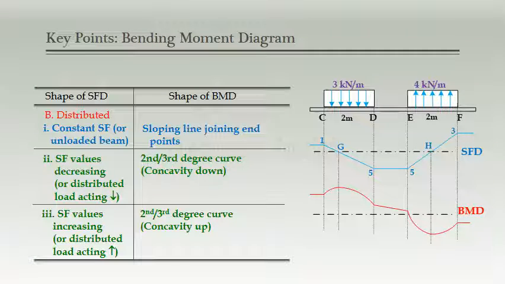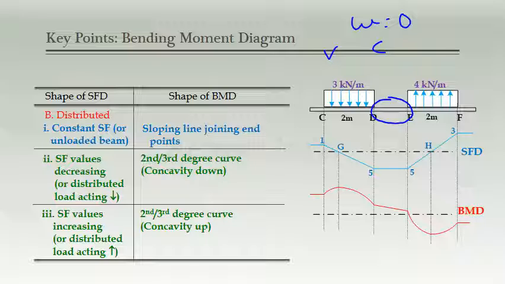Let's move ahead to the distributed effect. Distributed effects are covered under two, either no load or distributed load. Observe there is no load here, in the DE portion. No load means the loading rate is 0. So integration of that loading rate gives me shear force, so for the shear force diagram it is a constant line, and integration of shear force gives me bending moment.